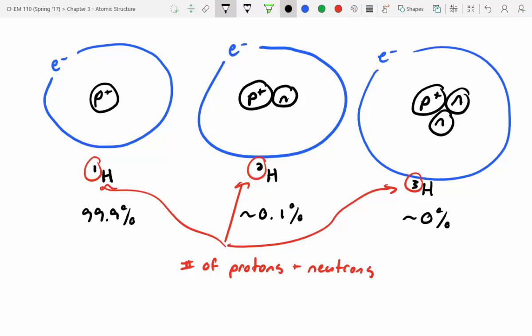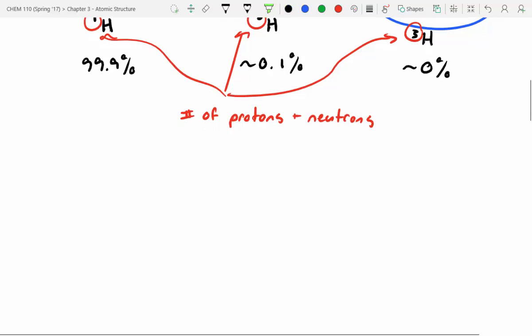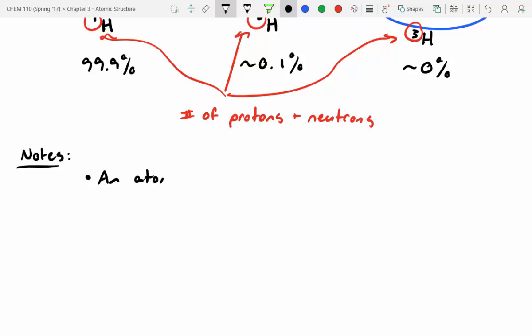All right, so let's make some notes. The first one is an atom is defined by the number of protons it has.